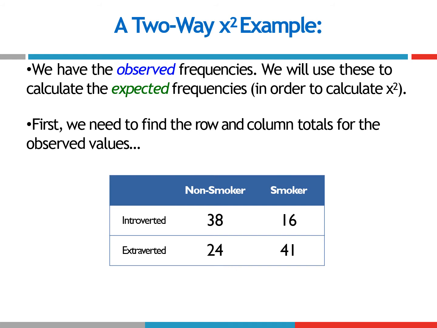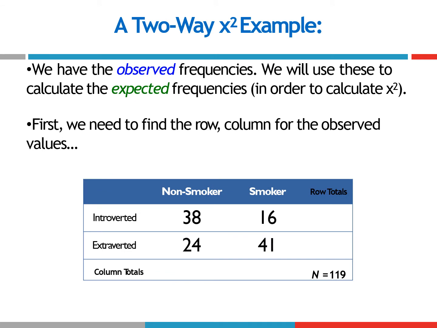Now we have the observed frequencies and we just have to calculate the expected frequencies. In order to do that, first we need the row and column totals for the observed values.